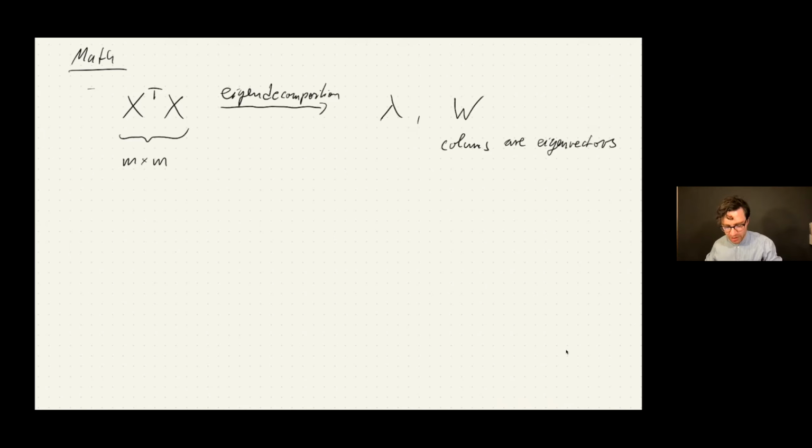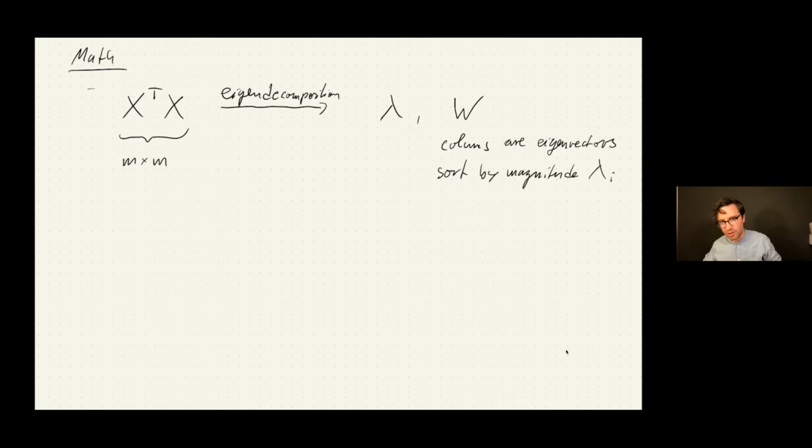Importantly, what we do here, and we can always do this, is sort them by the magnitude of the eigenvalues lambda i. This ensures that the first principal component points in the direction of highest variability.